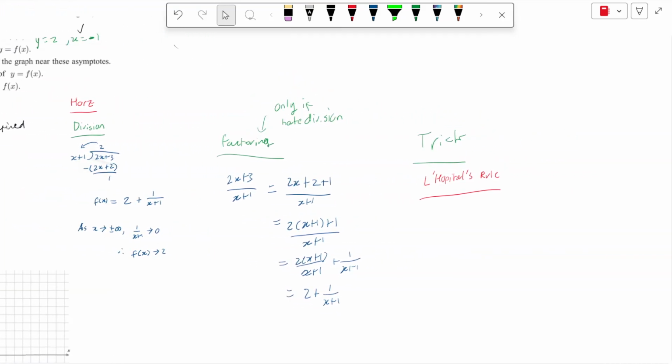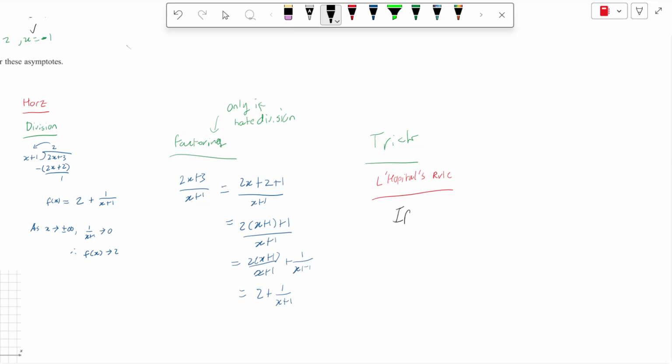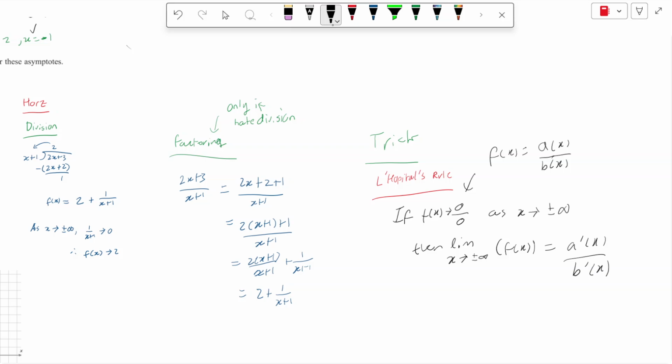But basically, if f of x goes to 0 over 0, or infinity over infinity, as x goes to plus or minus infinity, and f of x is some a of x over b of x, then the limit as x goes to plus or minus infinity of f of x is actually a dash of x over b dash of x. It's a very weird theorem.